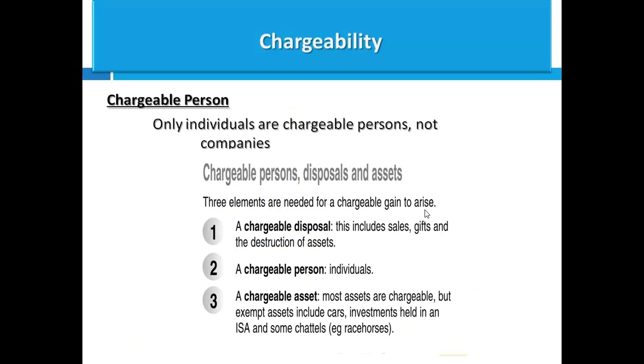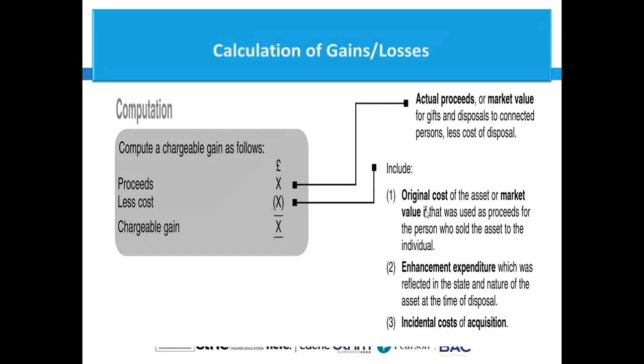For tax purposes, only individuals are chargeable persons, not the company. A chargeable person disposes of assets. Three elements need to be met: a chargeable person, a disposal, and a chargeable asset. Disposal includes sales and gifts. Most assets are chargeable, but some are exempt, like we discussed in the exempt list.